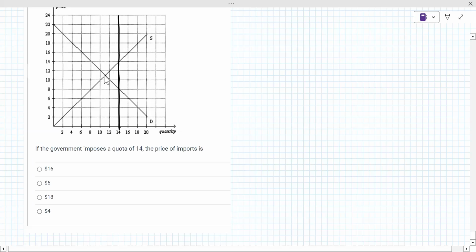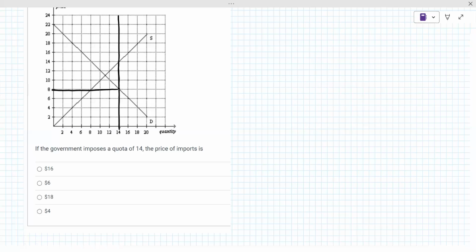Market equilibrium is at 11 and 11. So the price has to adjust here. It adjusts to the demand side, which is 8, which is not one of the answers. Oh my gosh. Okay. This isn't going well.